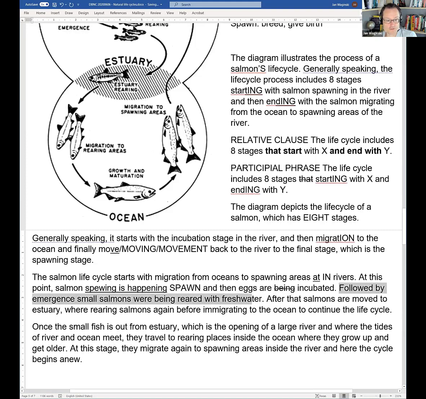Followed by emergence, small salmon were being reared with fresh water. Okay. Can we say eggs being incubated?